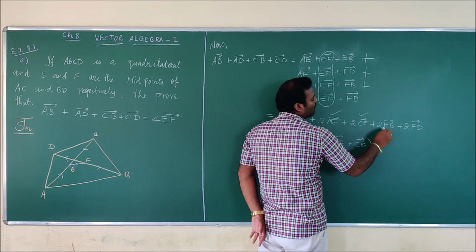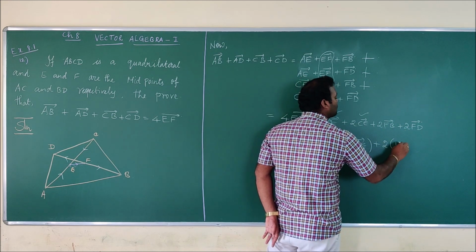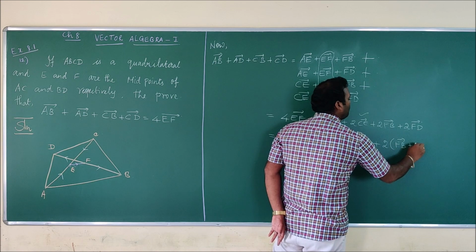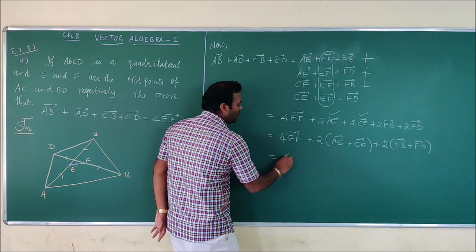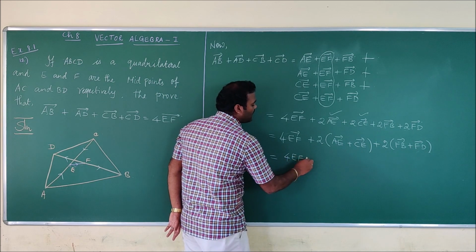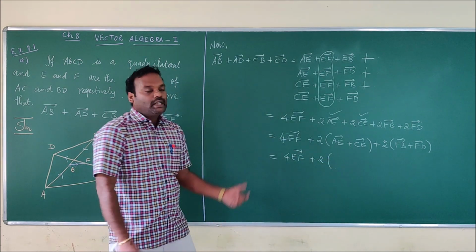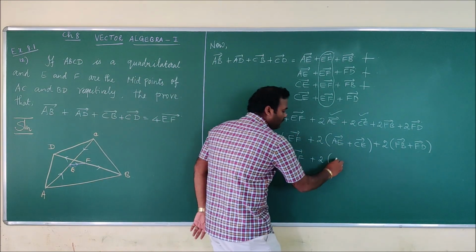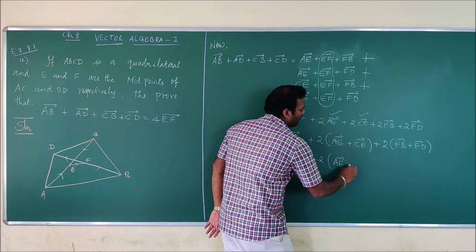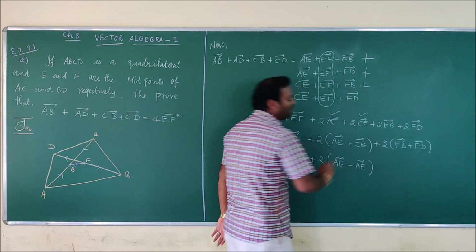Similarly, you can take 2 in common from these 2 things: 2 into FB vector plus FD vector. So now which is equal to 4 times EF vector plus 2 into AE vector plus, writing the CE vector as minus AE vector.